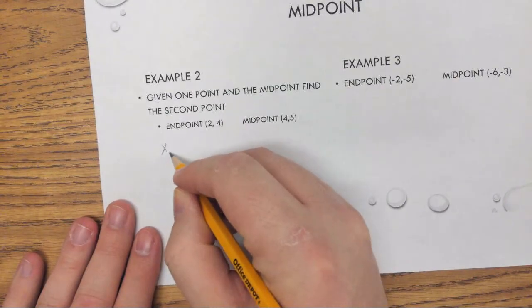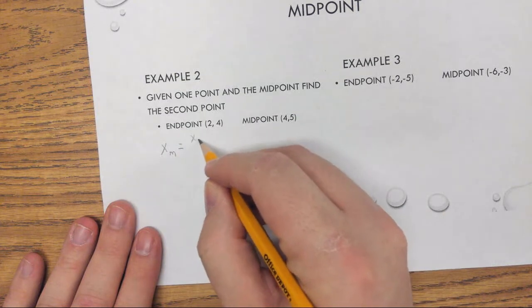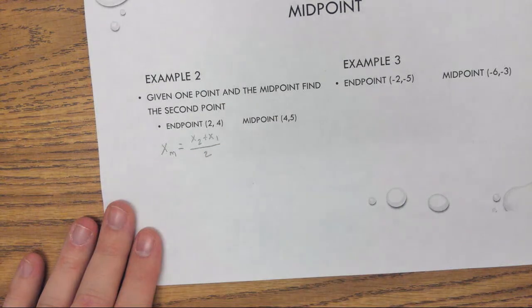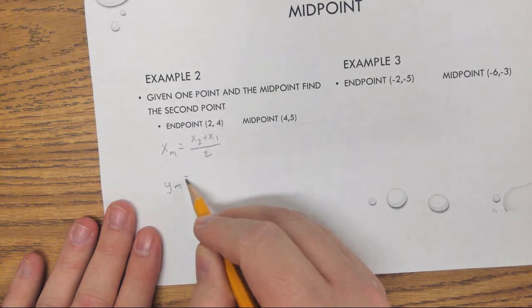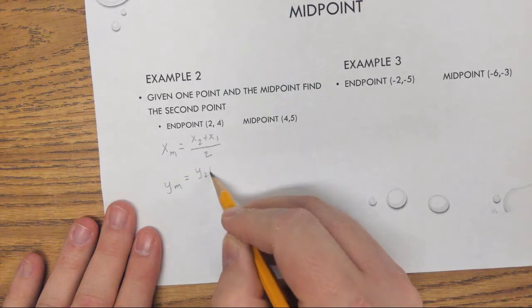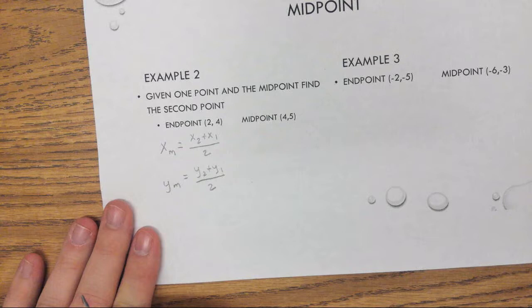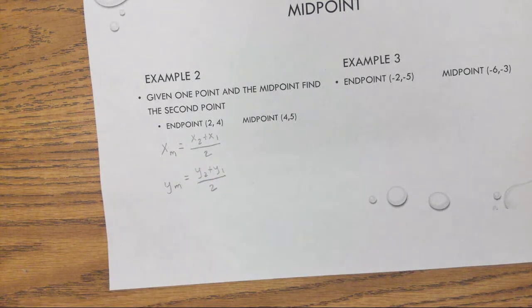We have to think about the x value of the midpoint being equal to x2 plus x1 divided by 2. And then the y value of the midpoint is equal to y2 plus y1 divided by 2. Which we know, over here, it's what we said.